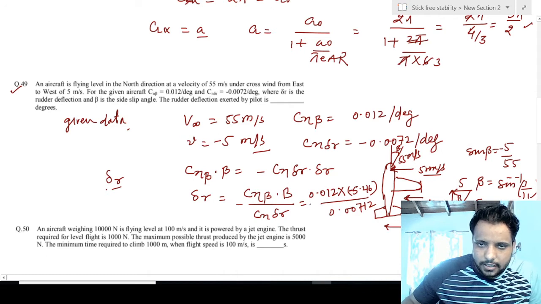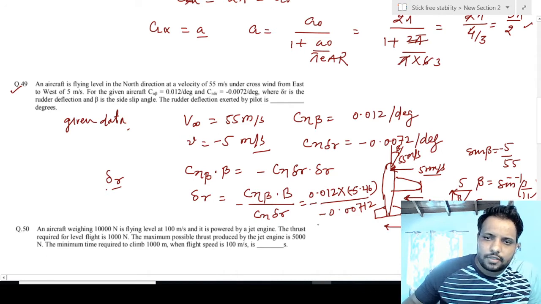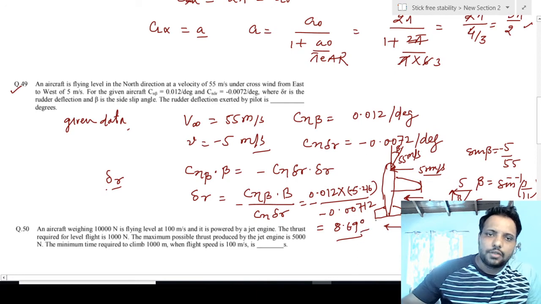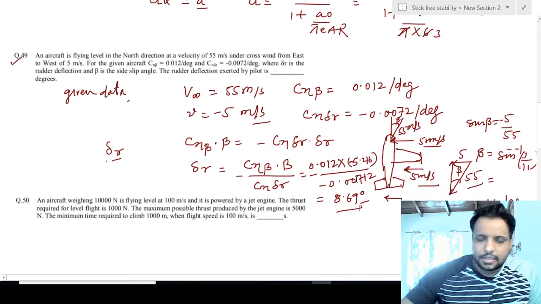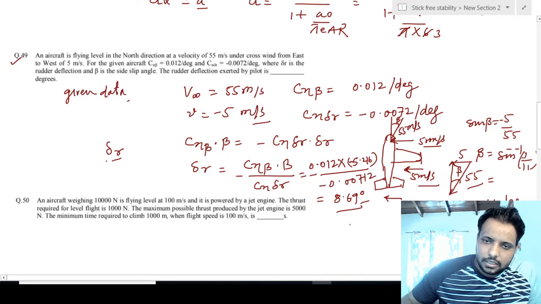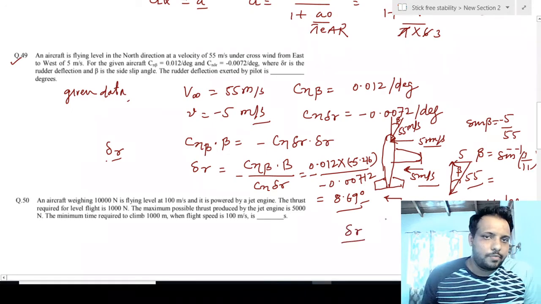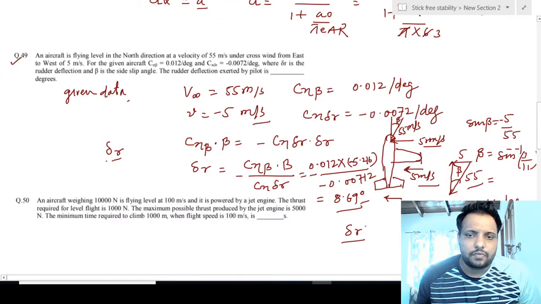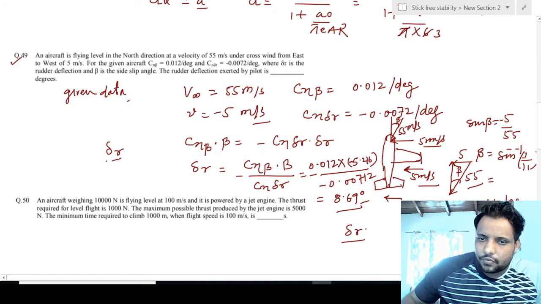And this minus sign is there in the formula, so minus minus cancelled, so again one minus will be there. When I calculated, the rudder deflection in degrees is 8.69. Okay, so this is the answer for the rudder deflection delta R required to balance the Cn beta and crosswind effects.